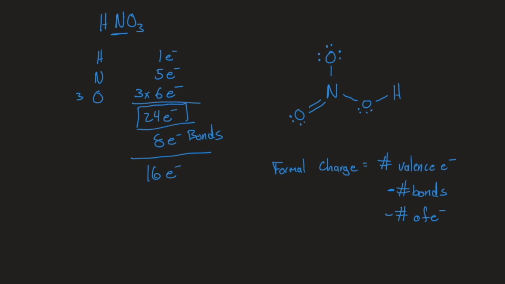And so if I look at this oxygen, it has 6 valence electrons, and I'm going to subtract the number of bonds. It's got 1 bond, and it's got 1, 2, 3, 4, 5, 6 electrons around it. And so I'm going to subtract 6 from that, and I get -1. So oxygen with 3 lone pairs has a -1 formal charge.